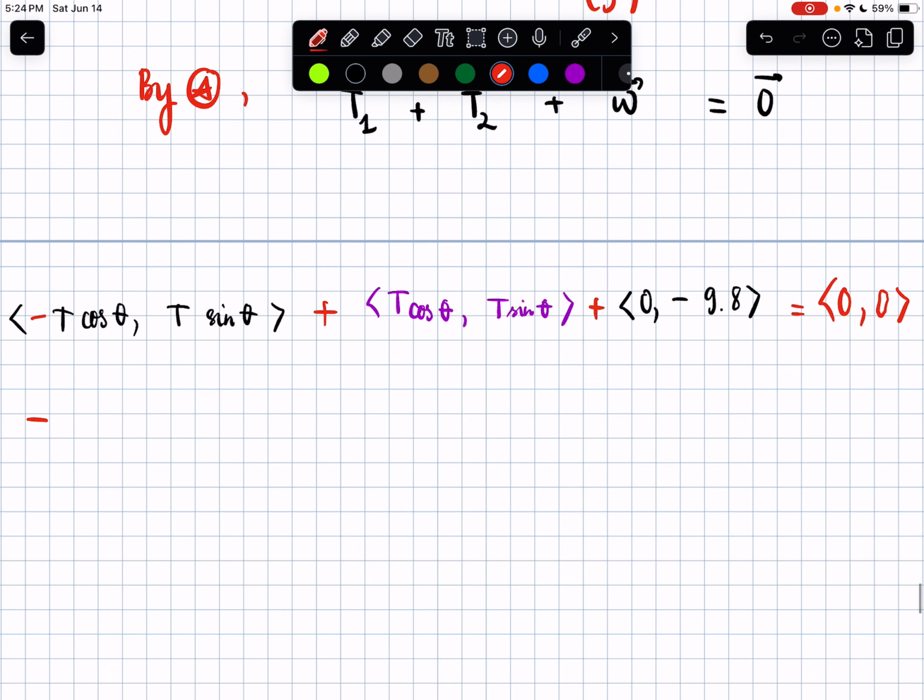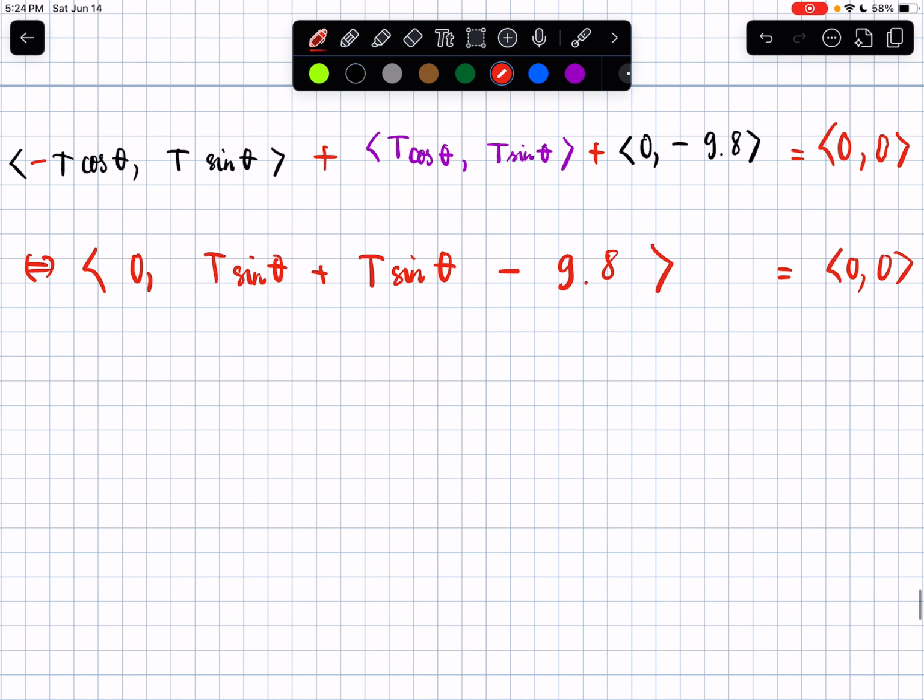Let's do the computation. In the x component, minus T cosine theta plus T cosine theta plus 0 is 0. In the y component, T sine theta plus T sine theta minus 9.8 equals 0. The x equation is 0 equals 0.